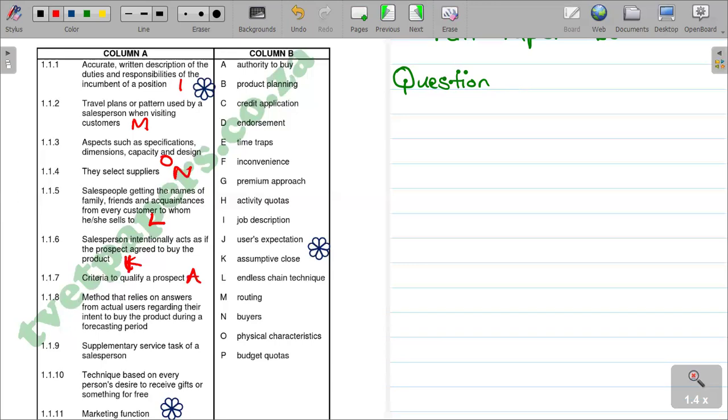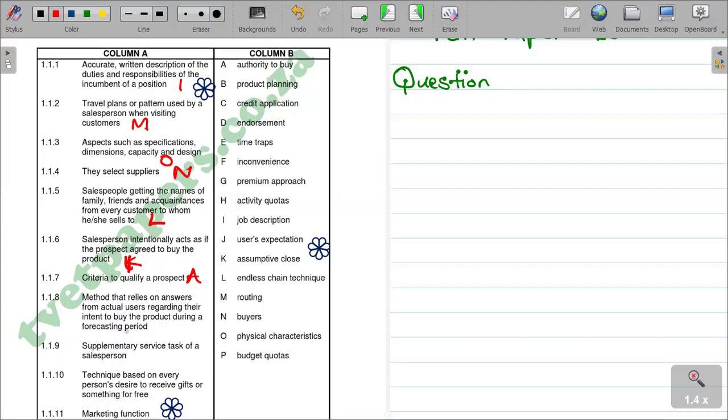Method that relies on answers from actual users regarding their intent to buy the product during the focus period.